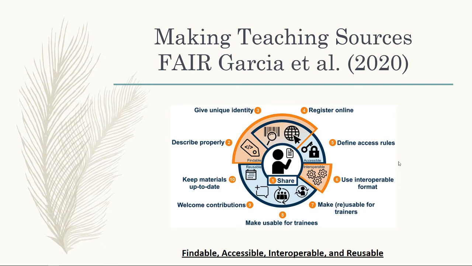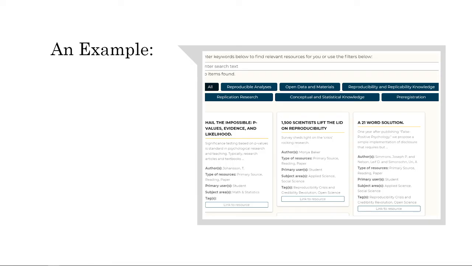Every resource follows these 10 simple rules to make teaching sources FAIR, such as providing a description of every article we recommend, welcoming contributions from you as the public, and being given a unique DOI to find. And we hope this aids you in really trying to educate ourselves and eventually educating others on these topics.